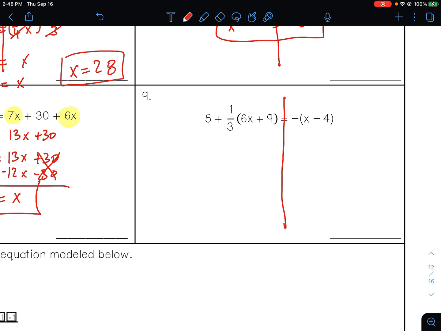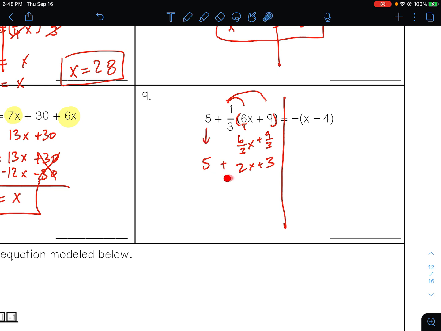Let's do this side first. 1/3 times 6x is 6 over 3x, which is 6 divided by 3, which is 2x. 1/3 times 9 is 9 over 3, which is 3. So 2x plus 3, and then bring down the 5 and the plus, so 5 plus 2x plus 3.